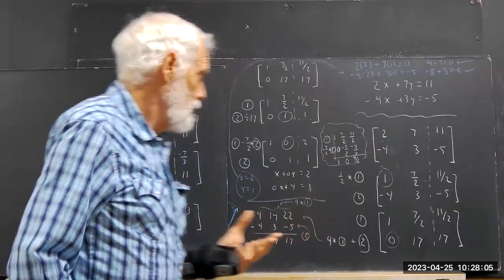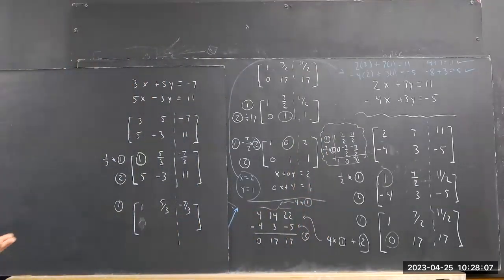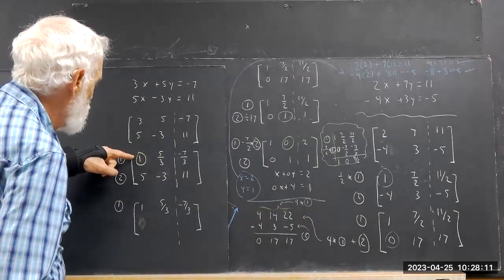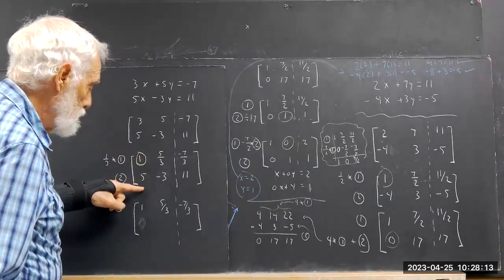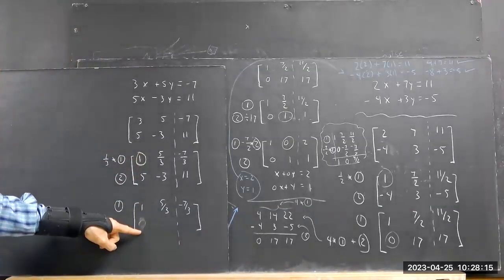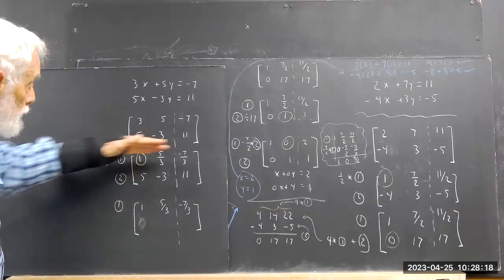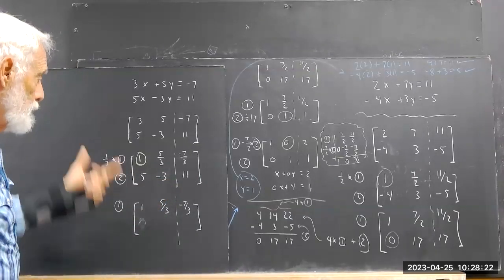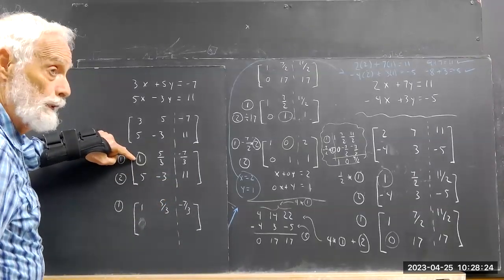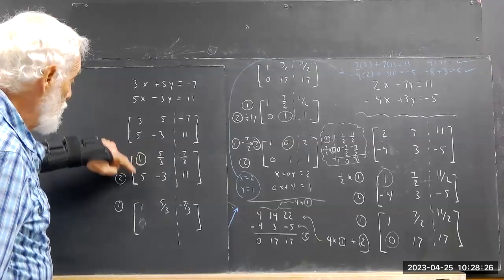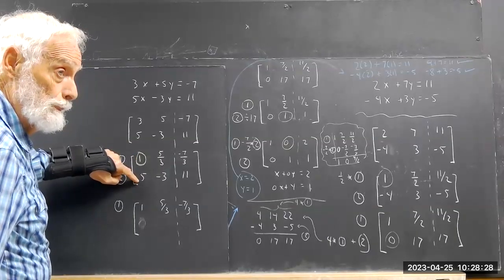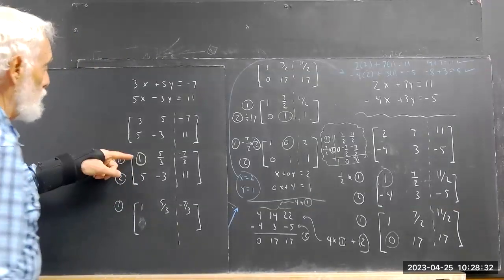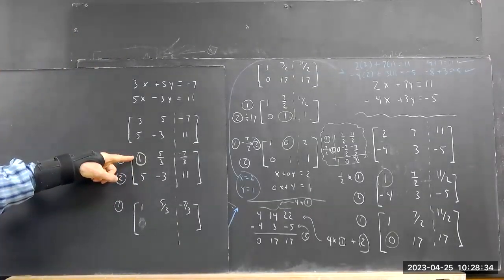Okay? So what we want to do is add some multiple of this row to this row in order to get zero. What multiple of this row would we have to add to this row in order to get a zero here? Well, it comes down to what multiple of one would we add to 5 in order to get zero. Now, we've got a 1 here, and that makes it easy.